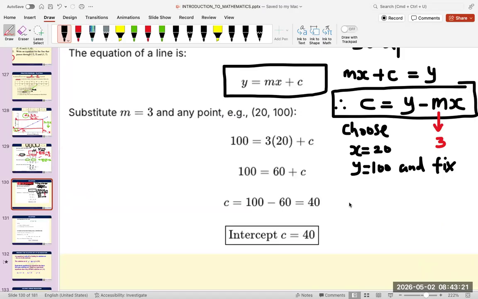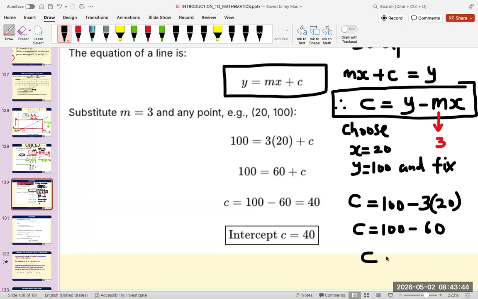So I have C is equal to Y is 100 minus M is 3, X is 20. So C will become 100 minus 60. And finally, C will give me 40 as an answer.